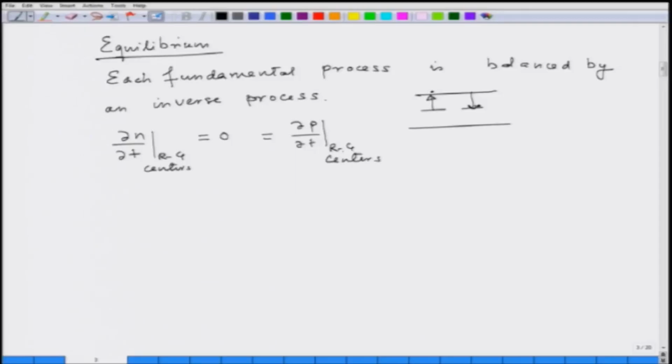So, let us look at the earlier equations that we developed and see what happens in the case of equilibrium. If we equate the earlier equations to 0, for the case of electrons we get C_n times p_T0 in equilibrium, where I am defining the subscript 0 for equilibrium.